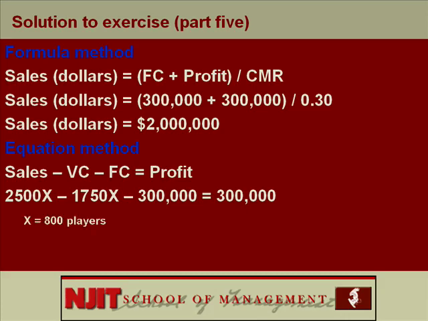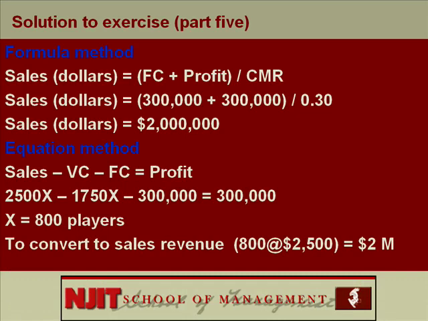Solve for x. 800 players. But they didn't ask for it in units. They wanted it in dollars. So how do you convert it? You know it's $2,500. That's the selling price per player. So 800 times 2,500. So the sales revenue is 2 million. You get the same answer. Except this was a little bit longer. Don't you agree?